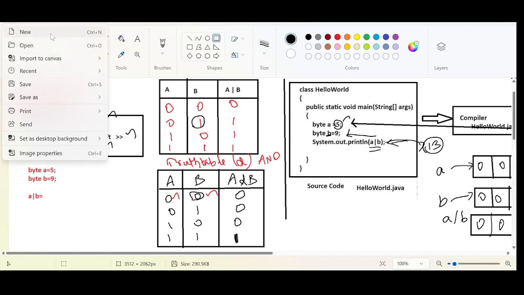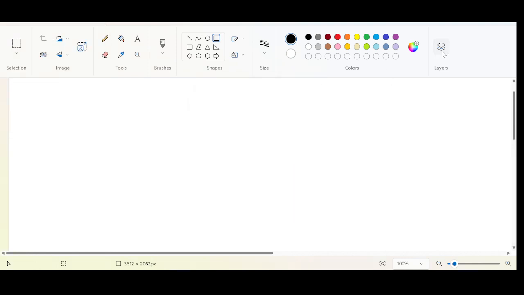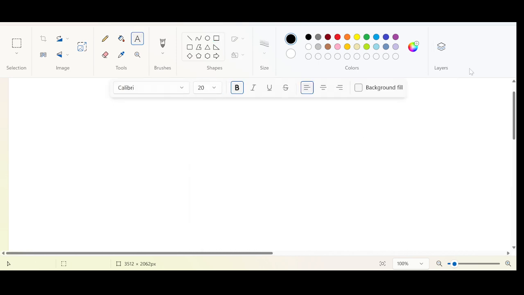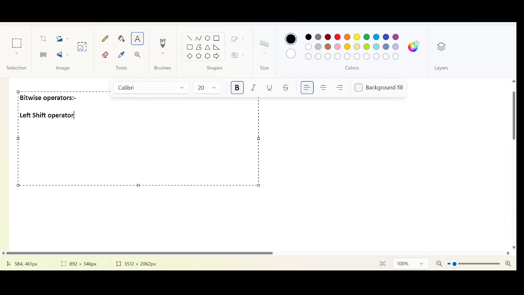So let me open a new page. Now we will discuss the bitwise left shift operator. The left shift operator is represented by two lesser than symbols.